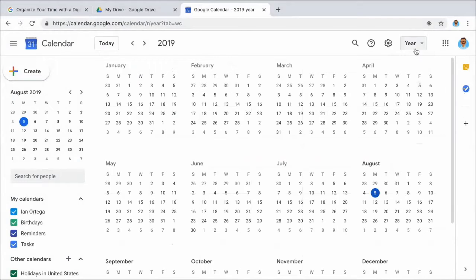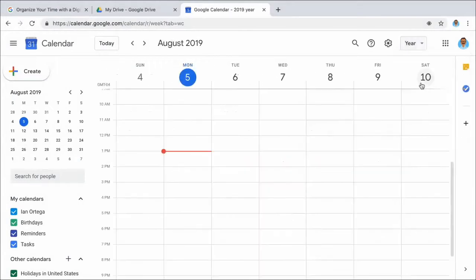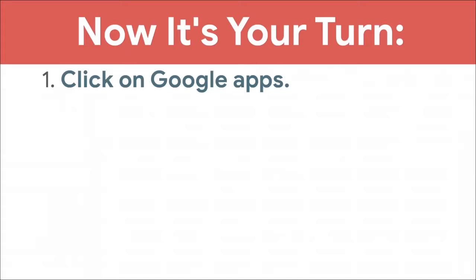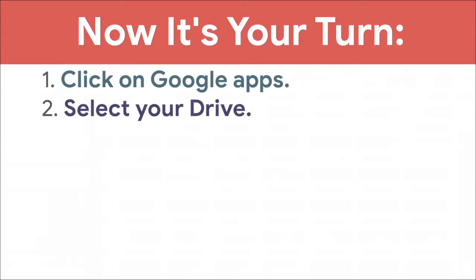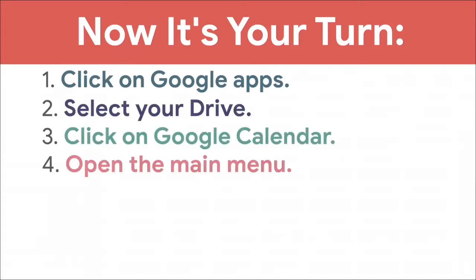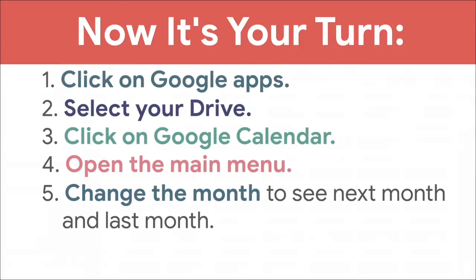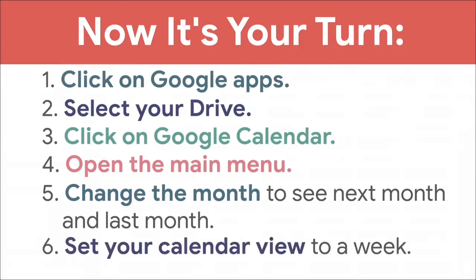For this lesson, use a week. Now, it's your turn. Click on Google Apps. Select your drive, click on Google Calendar, open the main menu, change the month to see next month and last month, and set your calendar view to a week.